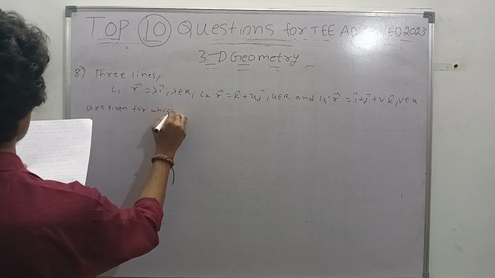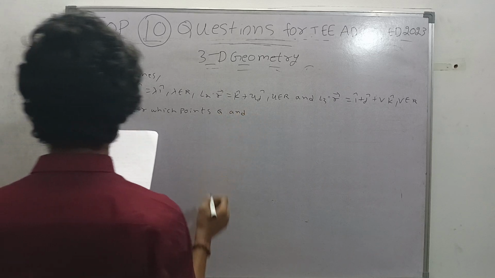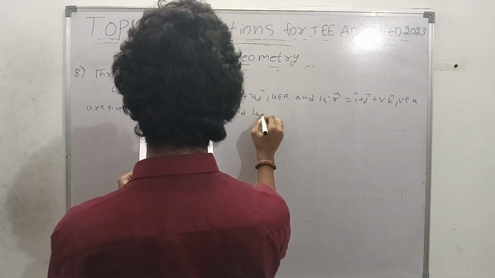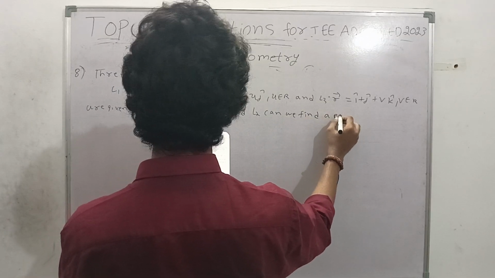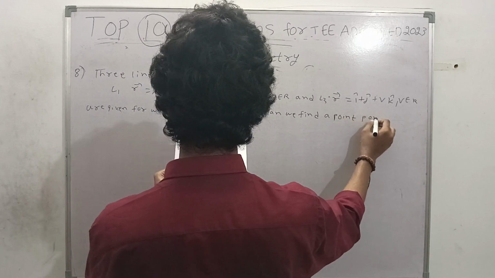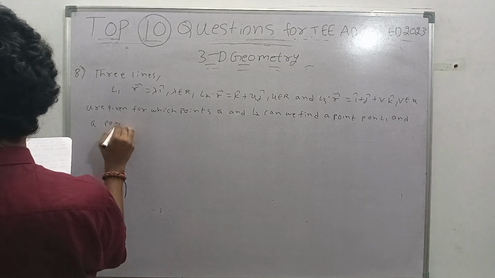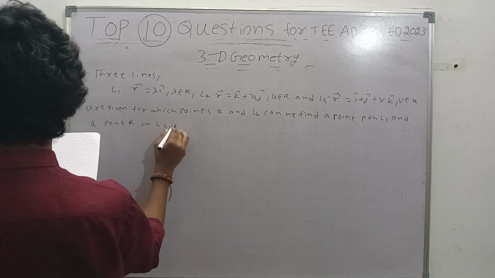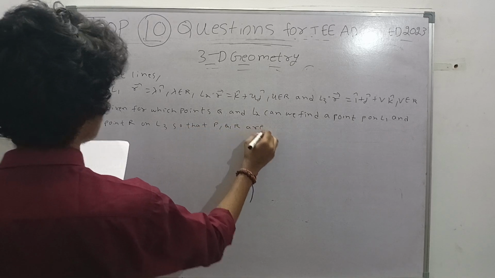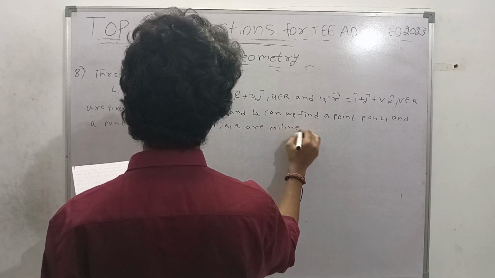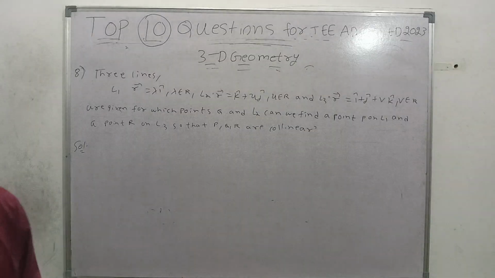For which points Q can we find a point P on L1 and a point R on L3 so that P, Q, R are collinear. This is the question, guys, very important.